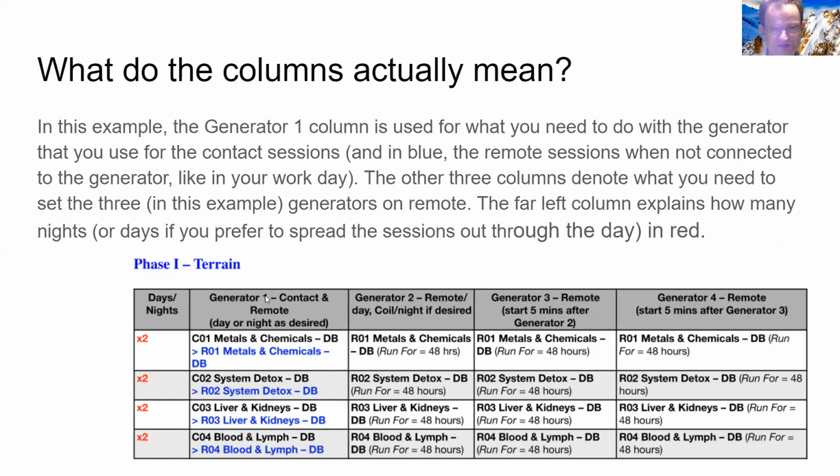Then we've got the next column, which says contact and remote, because you're running it by contact, and then you're also running it by remote during the day when you're not attached to the generator by contact. Generator 2 says remote or coil overnight if desired. You'll probably want to run that purely by remote for the full 48-hour period. Generator 3, remote. Generator 4, again, remote.